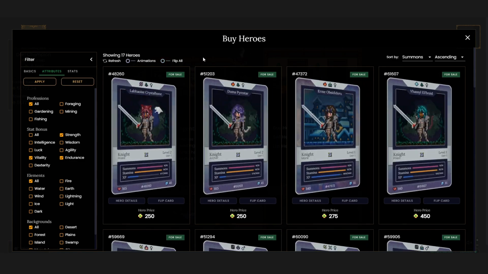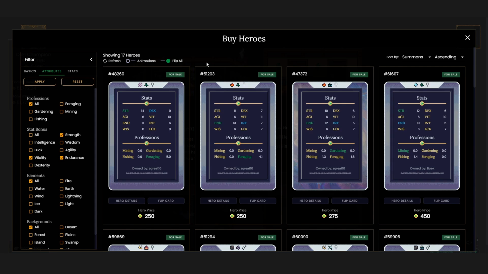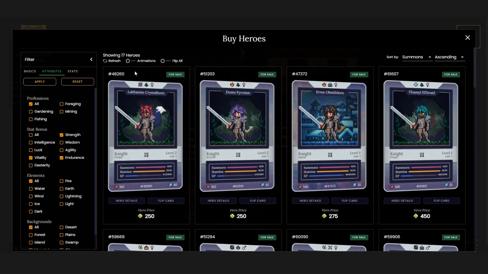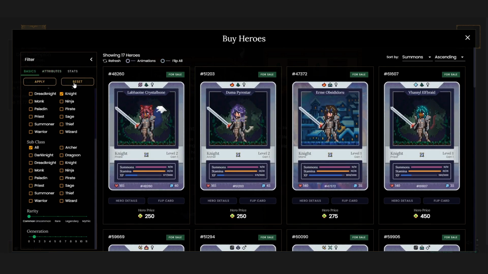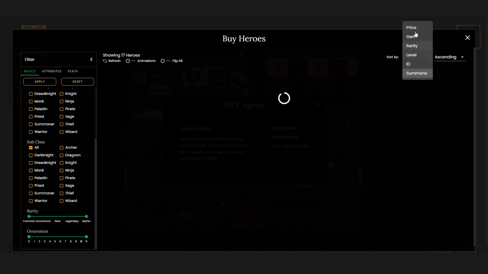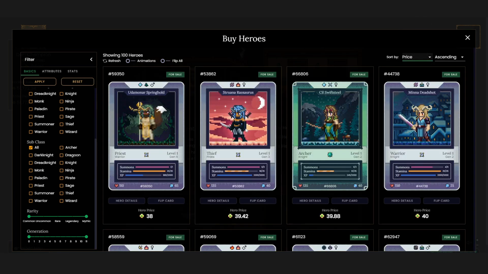And now lastly, let's consider the summon value component. This is pretty straightforward. If we reset everything and we sort by price, you can see the cheaper knights here tend to be the ones with a lower number of summons, right? This is 1304.